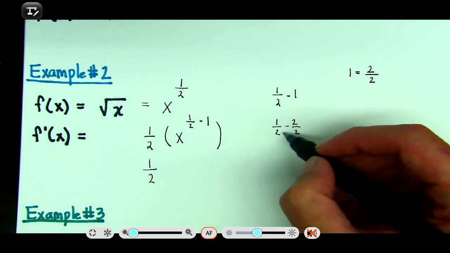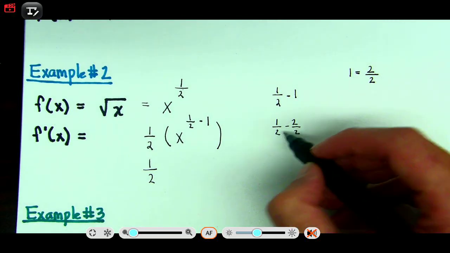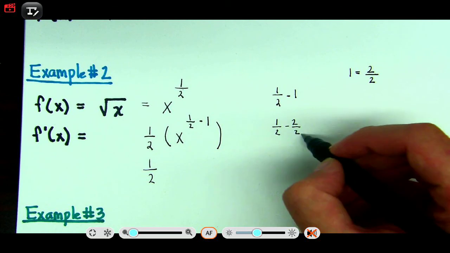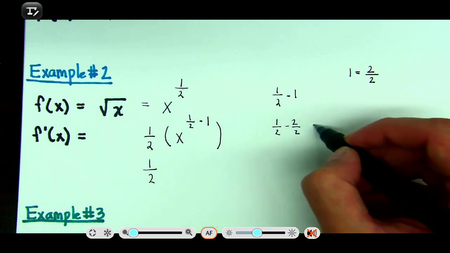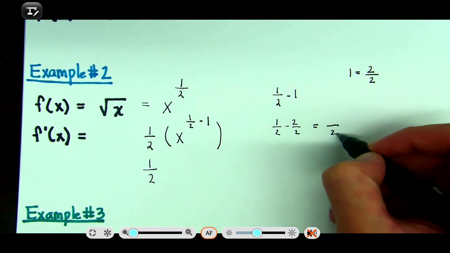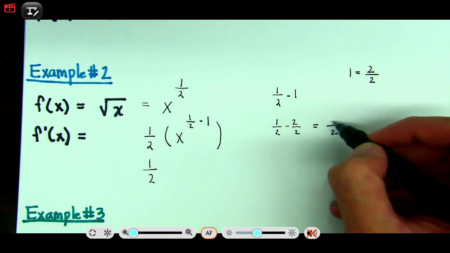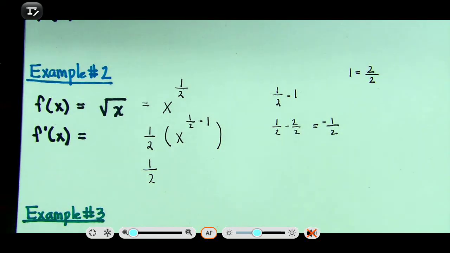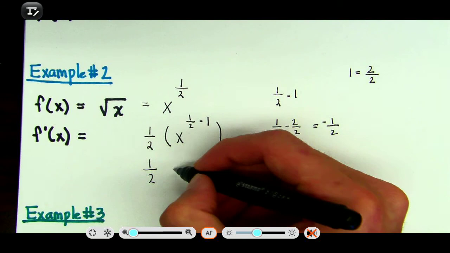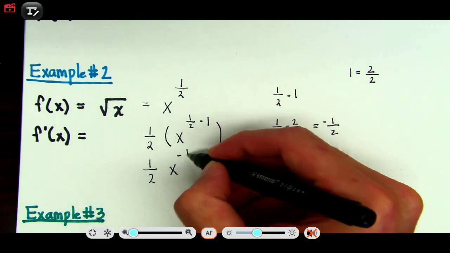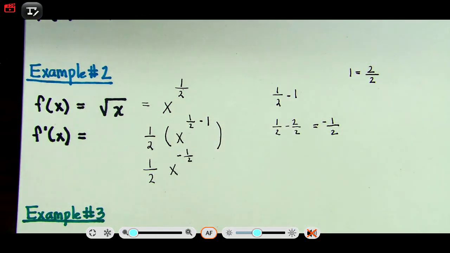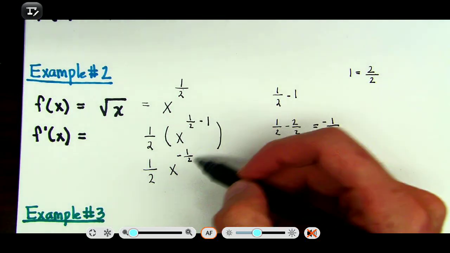Because when we're subtracting exponents, we want the exponents to have the same denominator. So notice that the denominator stays the same, and 1 minus 2 is -1. So now we just have x to the -1/2, because 1/2 minus 1 is -1/2.